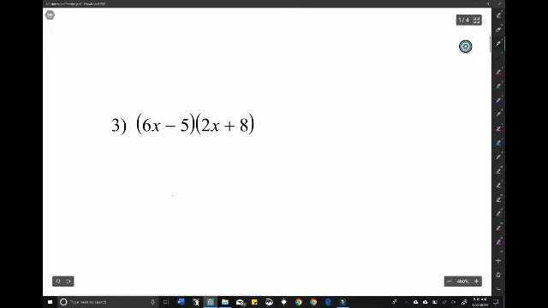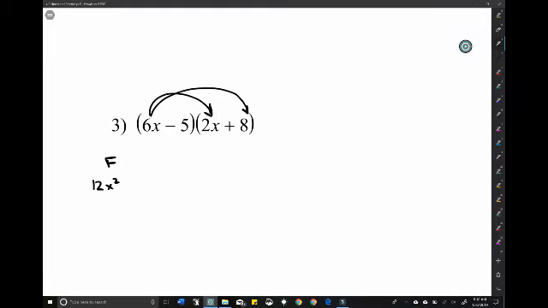Binomial times binomial. So firsts, 6x times 2x is 12x squared. Good deal. Outers, okay? 6 times 8 is plus 48x. Negative 5 times 2 is negative 10x.